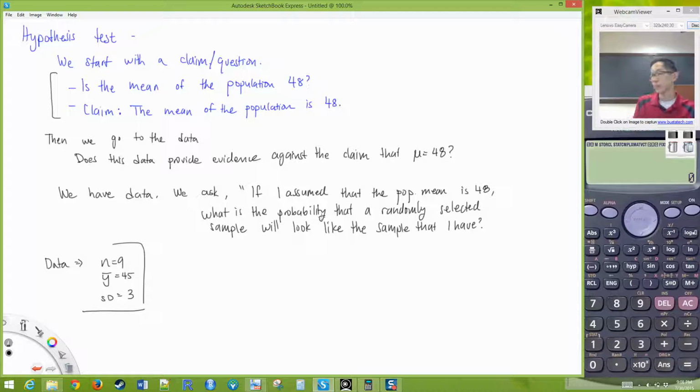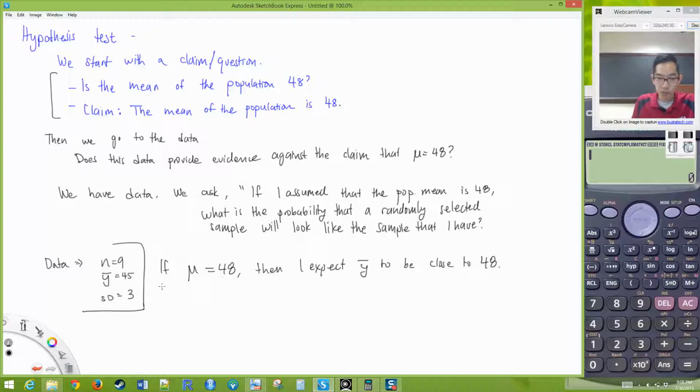So I'll do another example here that might make sense. Essentially, if mu is equal to 48, if mu really were 48, then I expect y bar of a randomly selected sample to be close to 48.